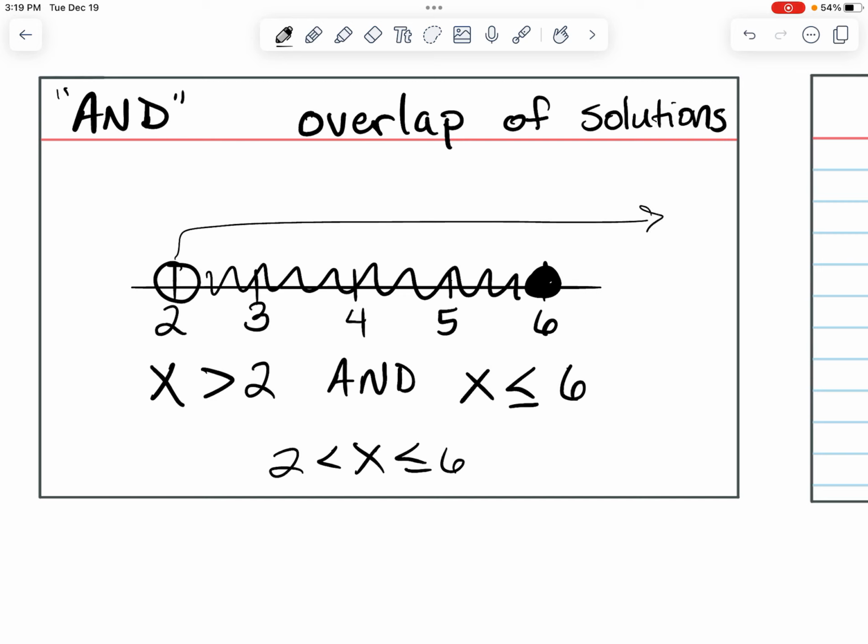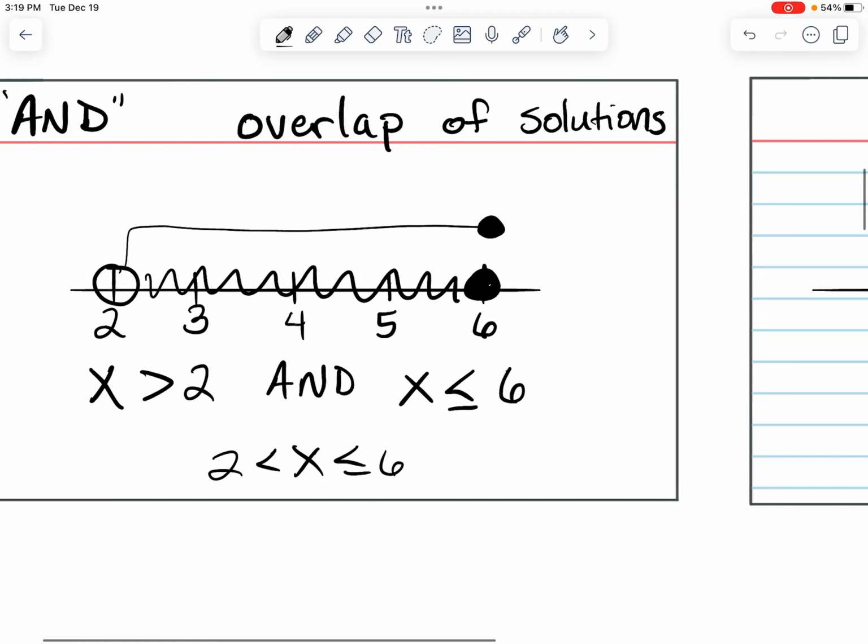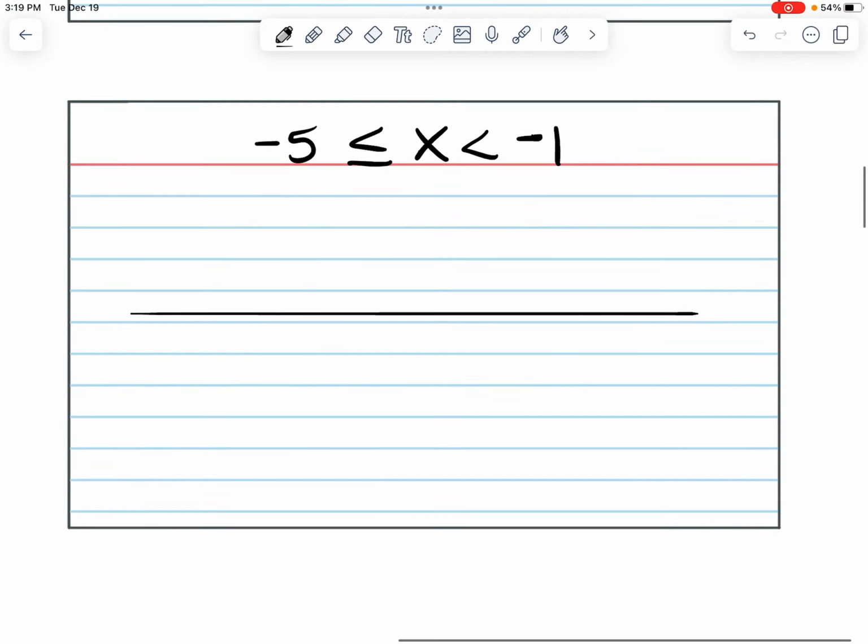So we have an open circle at 2, everything shaded to the right of 2, but we also have this "and" in there that says that it also has to be less than or equal to 6. So here at 6, the line stops, and so really we only have everything from here to here.